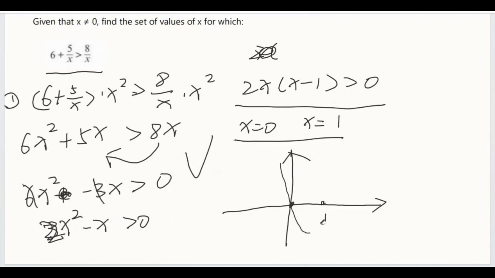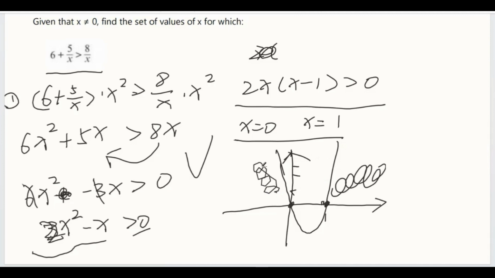We want the quadratic inequality greater than 0, so we find the range where the y value is positive. Through the graph, it looks like this shade and this shade, and x would be written as x greater than 1 or x less than 0. This is the final answer. Did you get it? Easy, right?